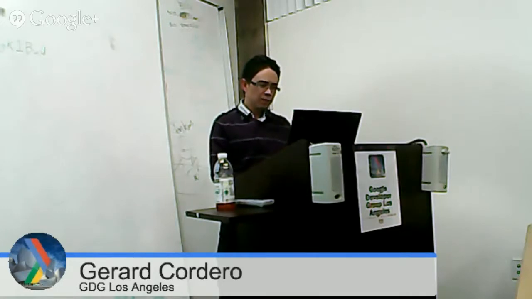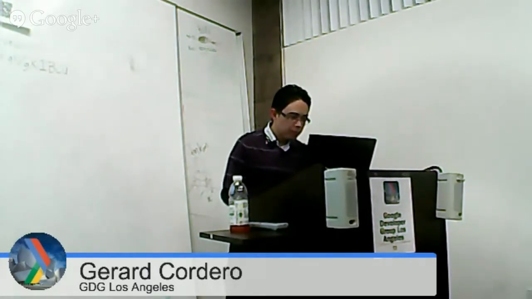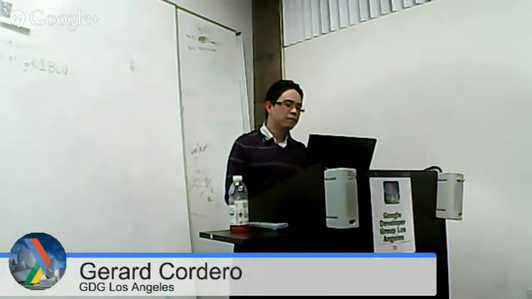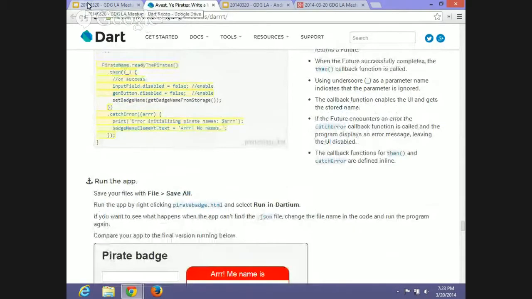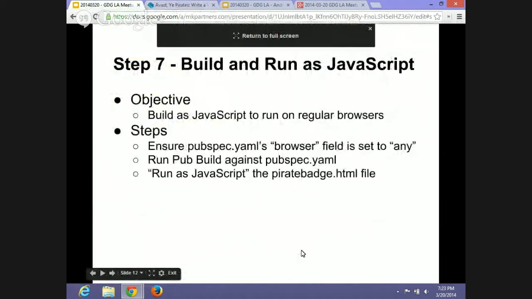So in this case, we also changed the initialization of names and appellations to an empty list in the beginning, and then we retrieve and parse through the pirate name JSON file into a variable. Then it just picks one entry from the JSON file from the variable.